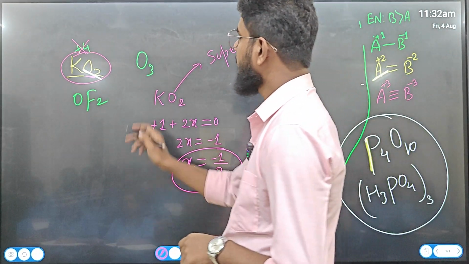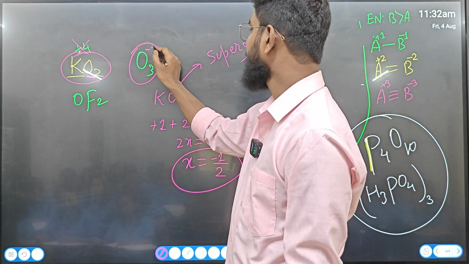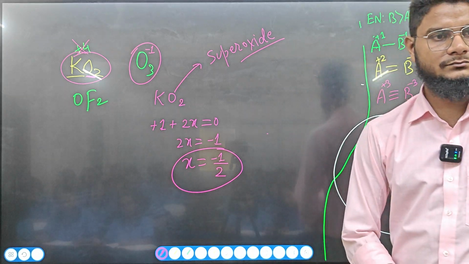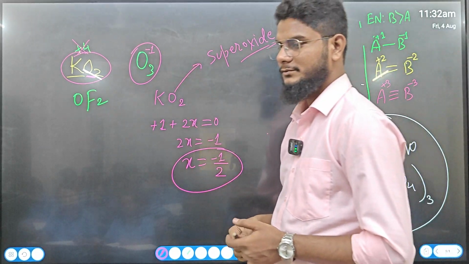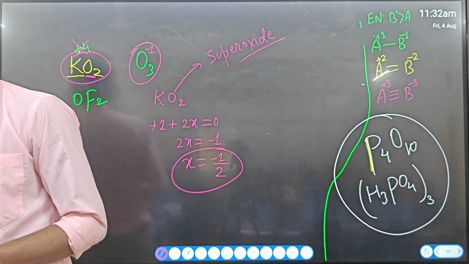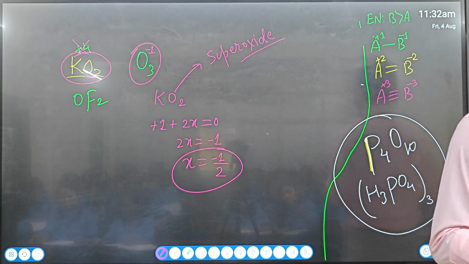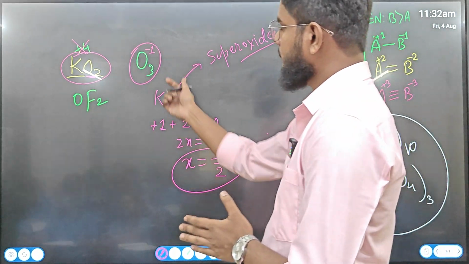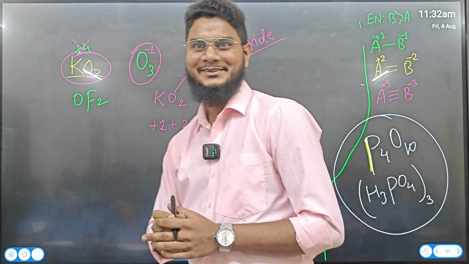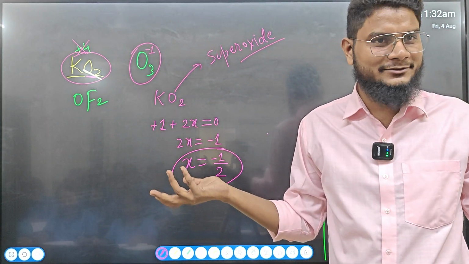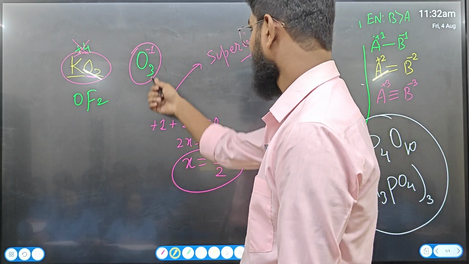Now try this one, O3 minus. It's very easy, same as I3 minus, right? What will be the oxidation state here? -4. It's not possible, right? So try it for ozone.